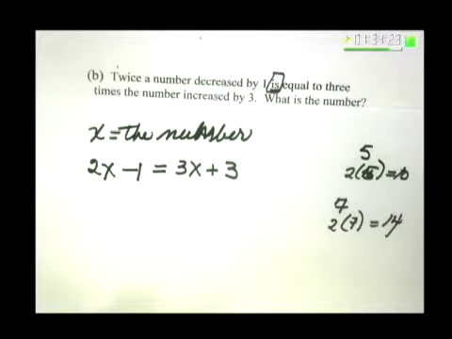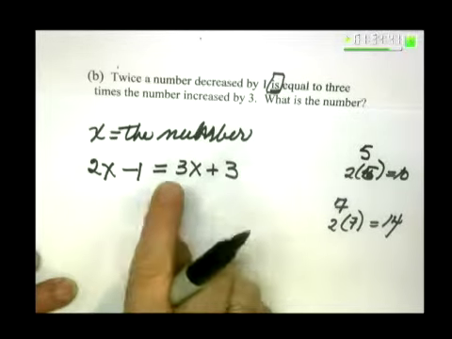And now I'm ready to solve this equation. There are no like terms on either side of the equal sign that I can combine. So what I want to do is get variables on one side, numbers on the other. And it doesn't matter which side I get my variables on. A lot of teachers teach different ways.